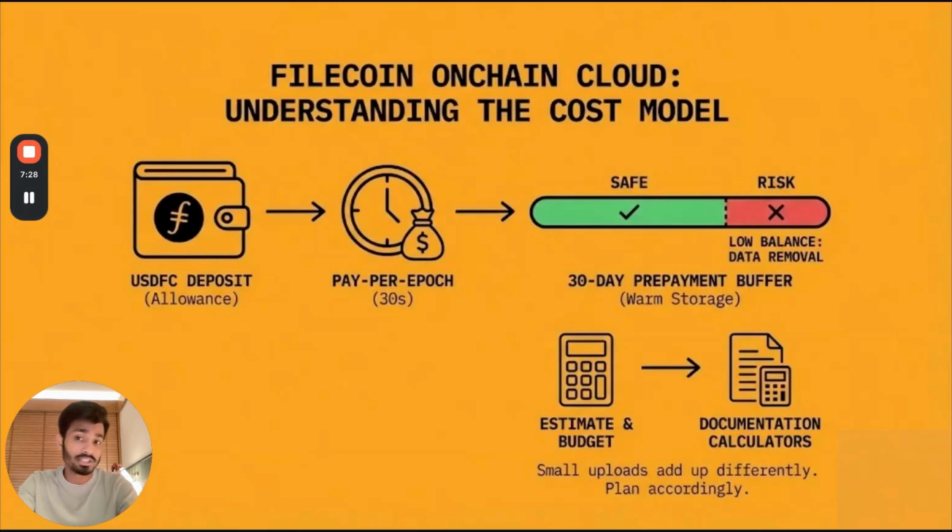This service requires a 30-day prepayment buffer, so if your balance drops below that, the provider can remove your data. For agents that accumulate memory over time, you'll want to estimate how much data they are generating and budget accordingly. Lots of small uploads add up differently than occasional larger ones. The documentation has calculators to help you figure out the right size of the deposit.